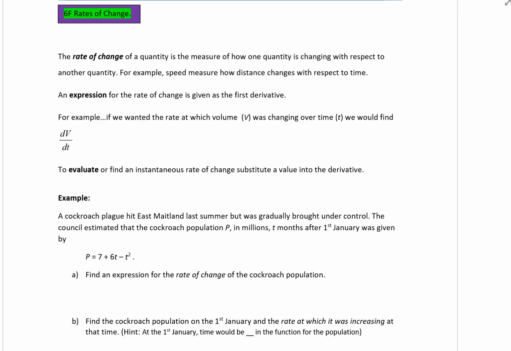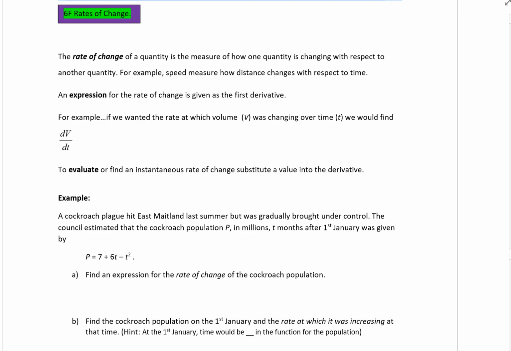the other. And you also make the connection to finding the first derivative because that gives an expression for the gradient. So we see that the first derivative is also an expression for the rate of change in a quantity with respect to some other aspect of the quantity.